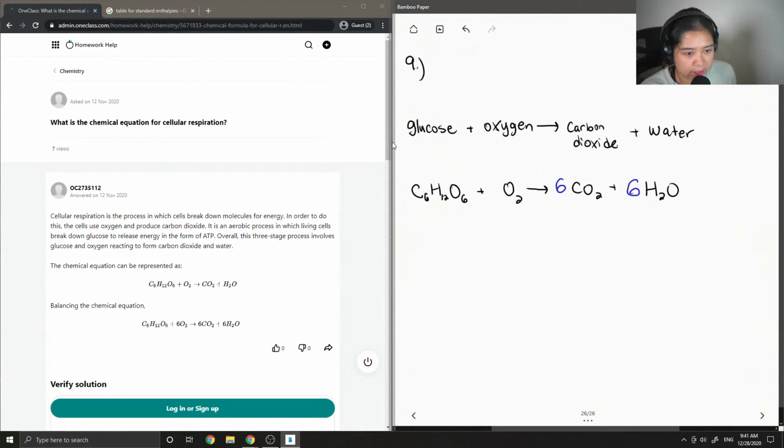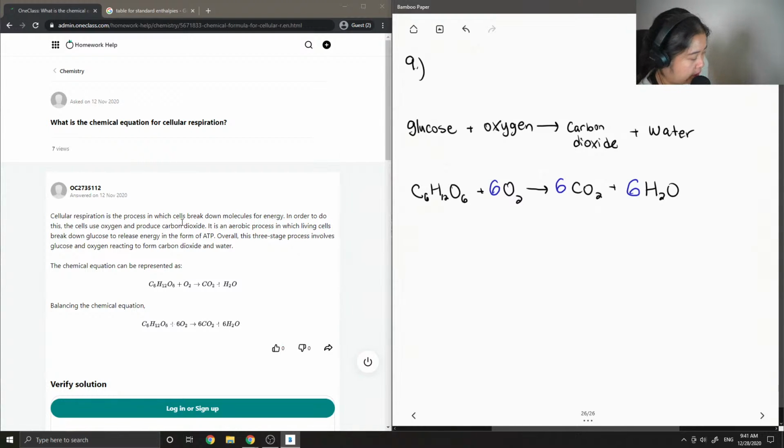So to balance this, I would just need to put a 6 in front of my O2. Okay, so let's see if everything is balanced. We have 18 oxygens on our reactant side. 12 plus 6, also 18. 6 carbons and 12 hydrogens.